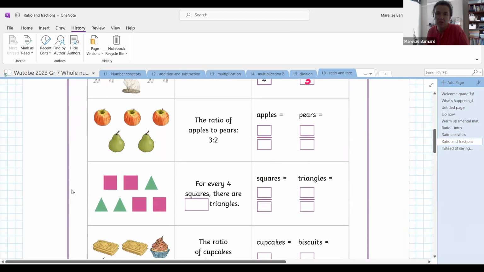Right, try this one on your own. The ratio of apples to pears is 3 to 2. Apples there are 3, pears there are 2. So we can just write it as a fraction. What would the fraction be, the apples to pears as a fraction?